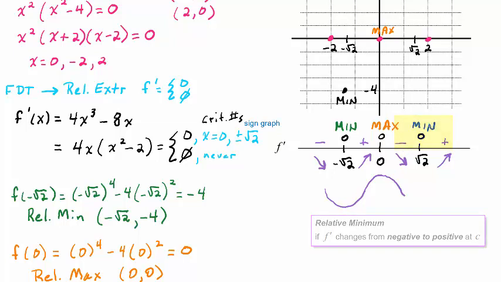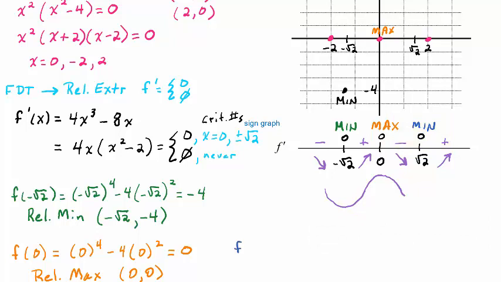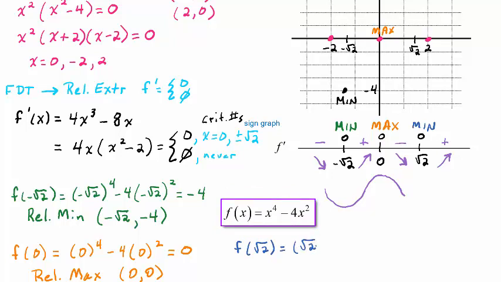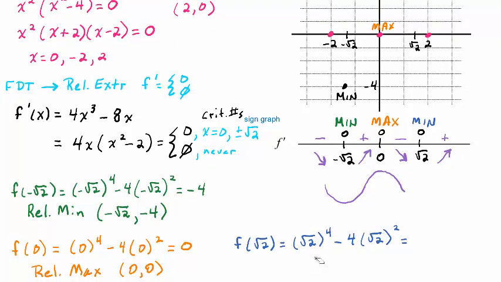So that means we need to evaluate f of positive radical 2, which would be radical 2 to the 4th minus 4 times radical 2 squared. Well, we're going to have 4 minus 8, which is negative 4.